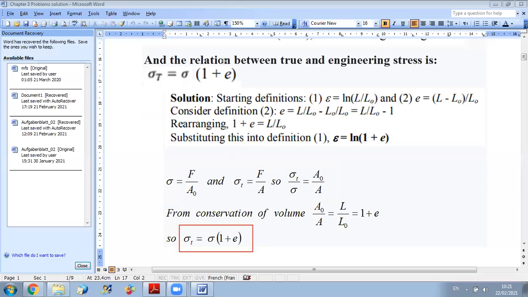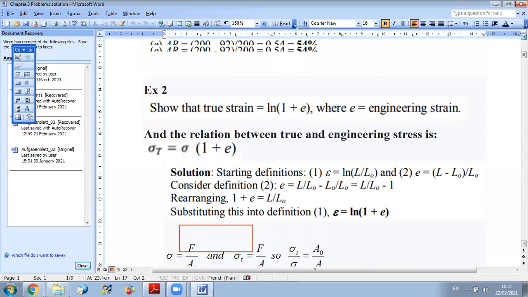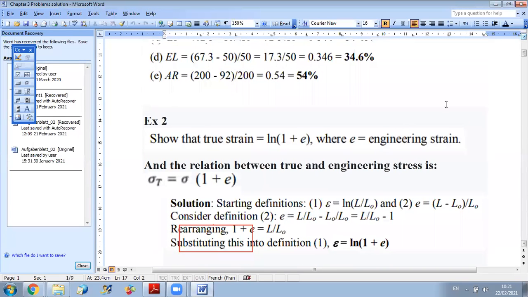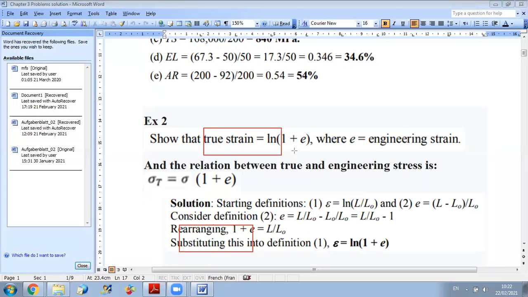So in general, these two relations, you can use them to deduce the value of true strain and true stress as a function of engineering stress and strain. Whenever you know the engineering strain, you use this formula to get the true strain, and whenever you know the engineering stress, you can use this formula to find the true stress.